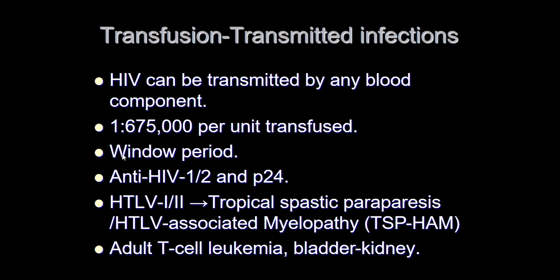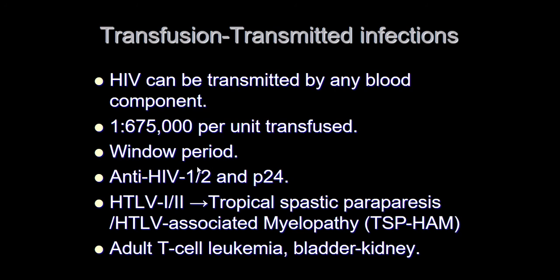Very important to remember what we call the window period, that sometimes it takes time for those patients who are infected with the HIV virus to develop antibodies to know that they are infected. So we call that the window period. So we have to do more sensitive tests, especially take proper history, to be sure that the patient is not infected with the HIV virus.